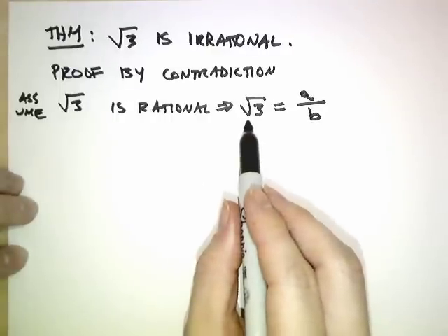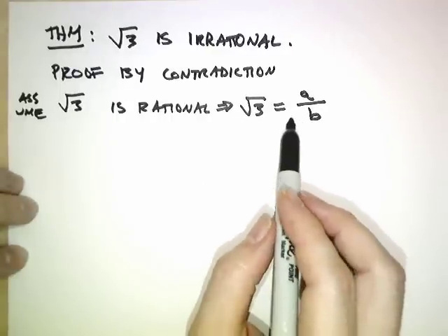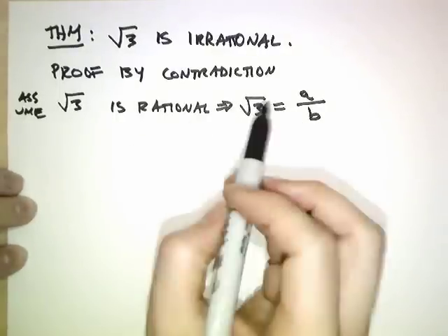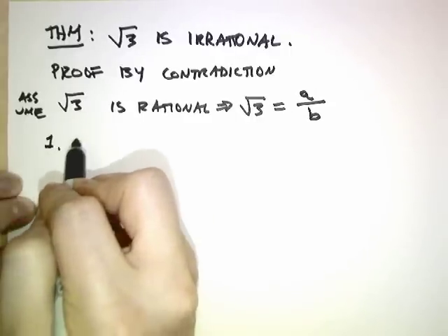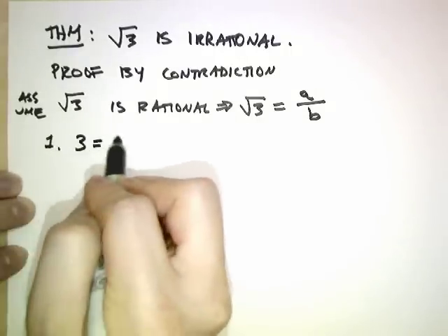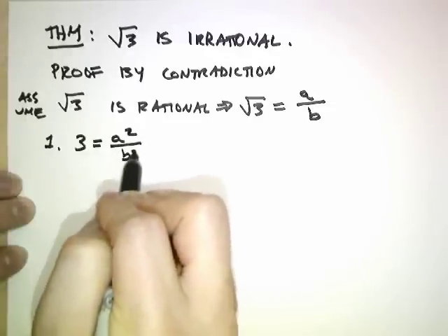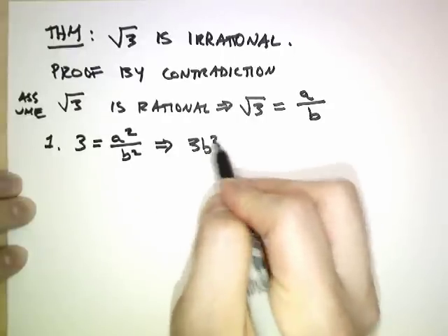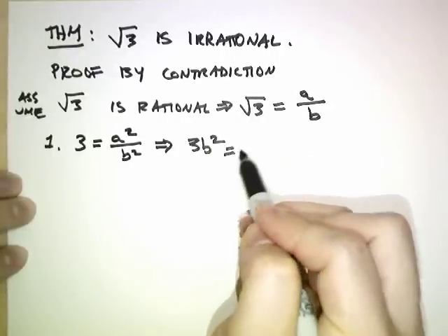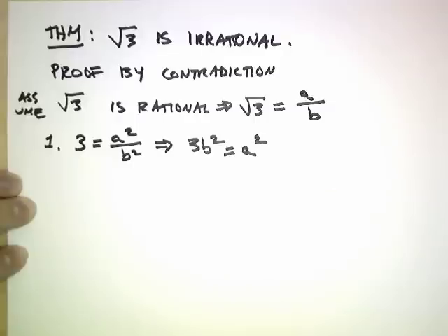Okay, so if the square root of 3 is rational, remember this is a proof by contradiction, then root 3 equals a over b. The next step will be to square, so we'll have 3 equals a squared over b squared. And this implies that 3b squared is equal to a squared.